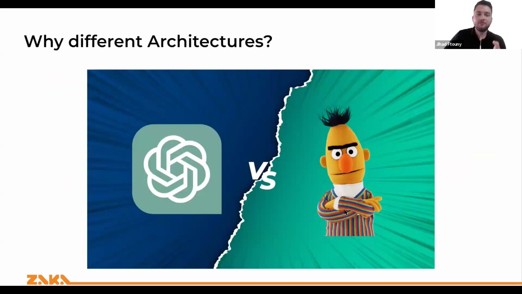So why do we have different architectures? Now, this is not a very accurate depiction of what's happening with the encoder and decoders. ChatGPT here on the left is a decoder. On the right, we have the BERT model, which was created by Google in 2018, which is an encoder-only model. This model, for example, can do great things in the classification domain. We have them as separate because they are specialized in doing certain things.